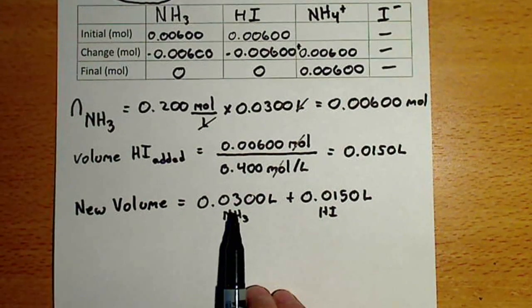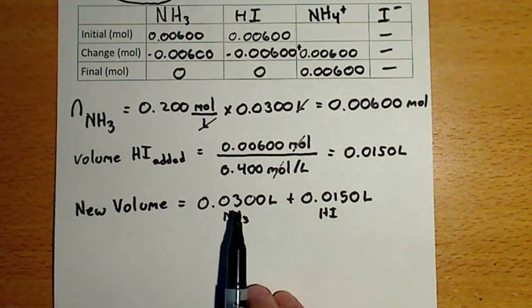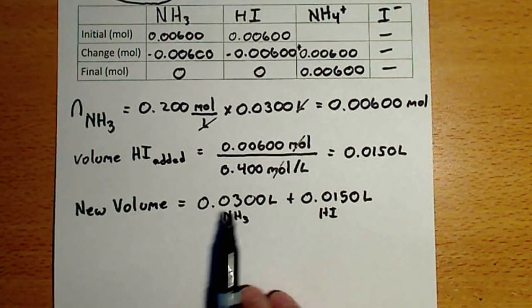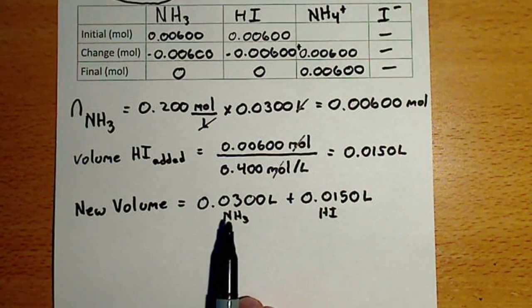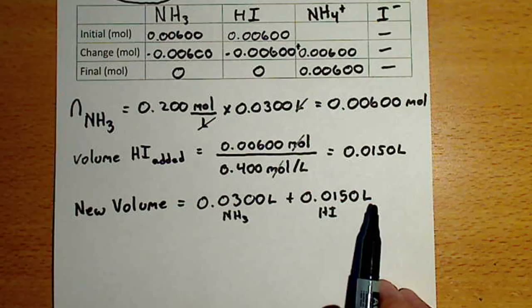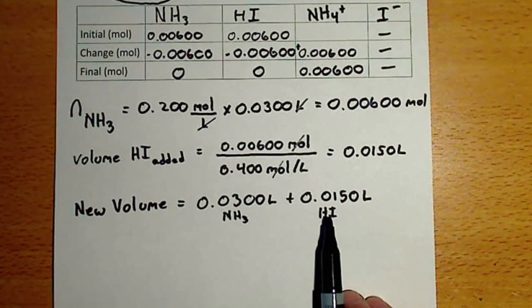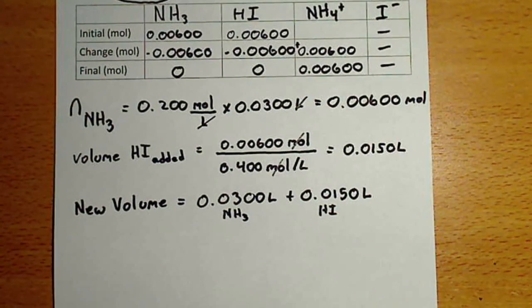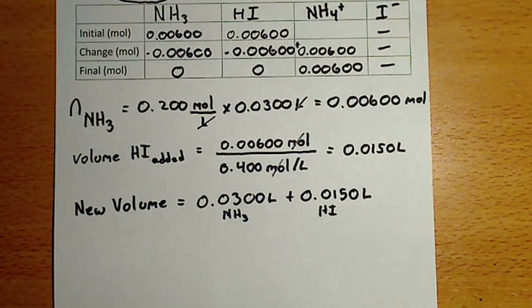So I initially started with 30 milliliters or 0.03 liters of ammonia, and to that I've added 0.015 liters of hydroiodic acid. Therefore, my new volume will be 0.045 liters.